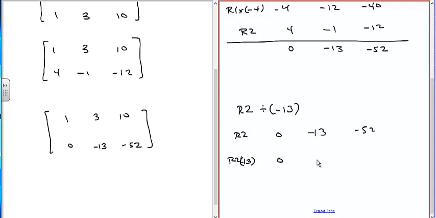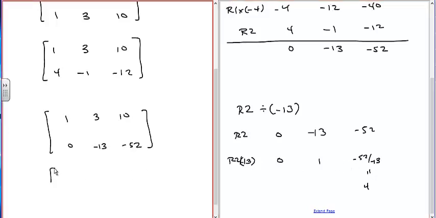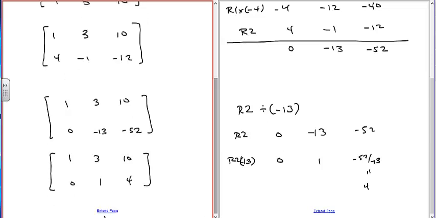Negative 13 divided by negative 13 is 1. And negative 52 divided by negative 13 is equal to positive 4. So we get 0, 1, 4 for the second row. And that's where we want to get for these two equations and two unknown problems.